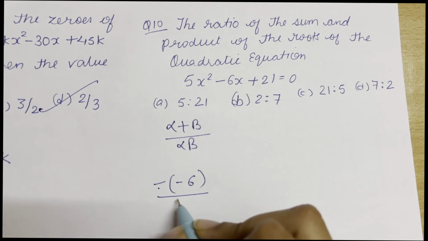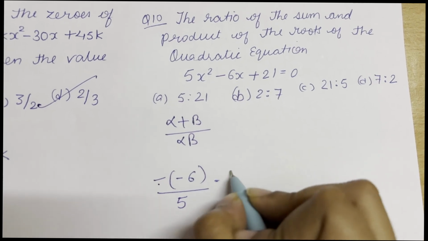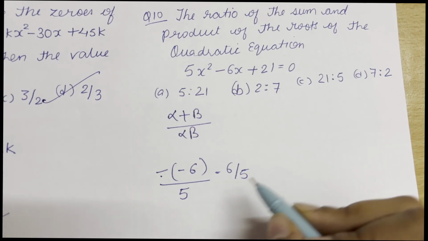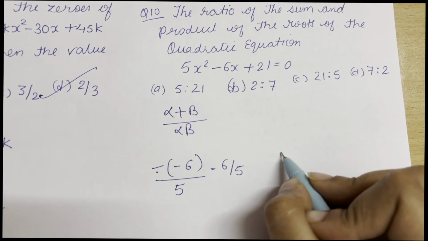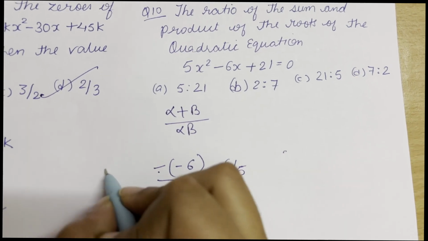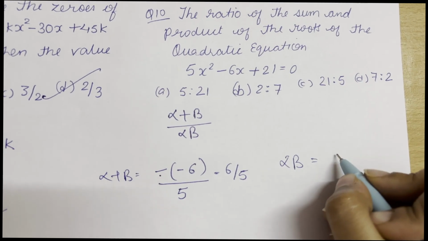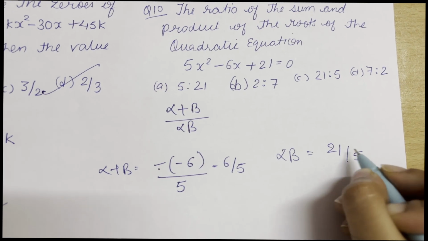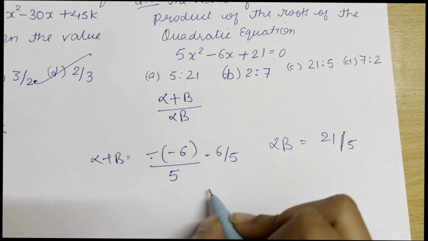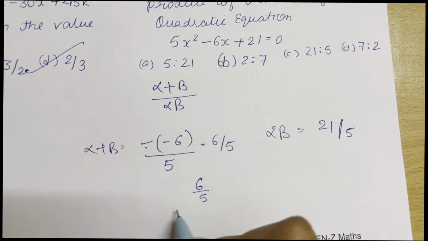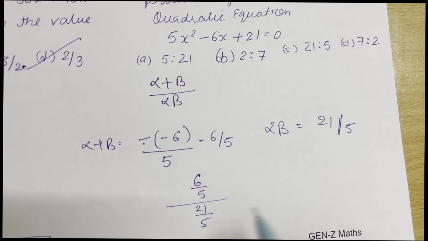that is minus minus 6, so it is 6 by 5, and alpha beta is c by a, that is 21 by 5. So 6 by 5 upon 21 by 5.